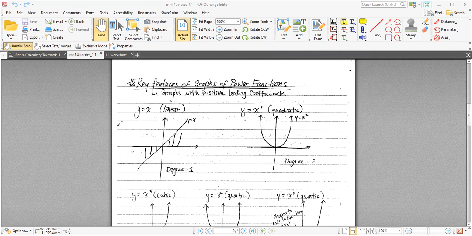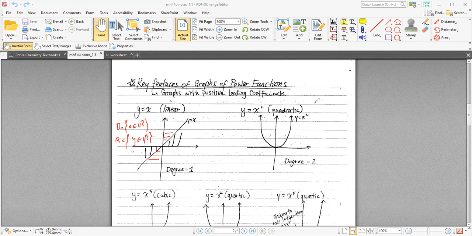So for this, we say the domain is x ∈ ℝ, x all real values. And the range is y ∈ ℝ. See, this part is covering all of the positive values of y, and this part is covering all of the negative values of y. So it's just y belongs to the real numbers.